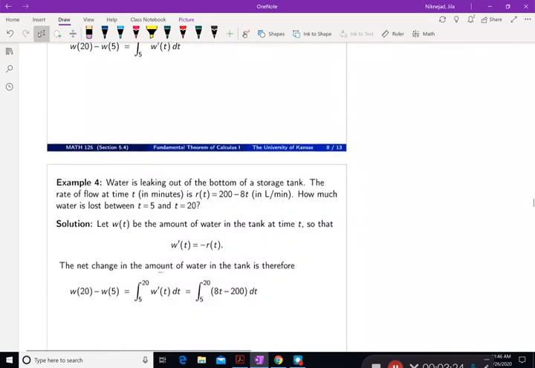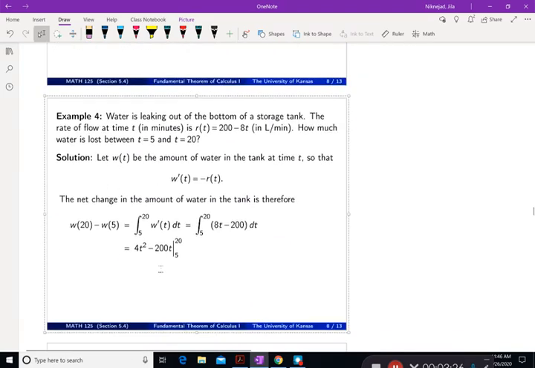So when you do this, you end up with a negative number, which is negative 1500 liters. So the entire amount of water lost from the tank is negative 1500 liters, and that's what we were expecting basically.